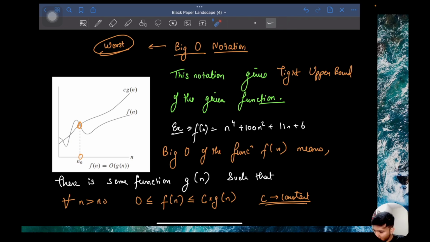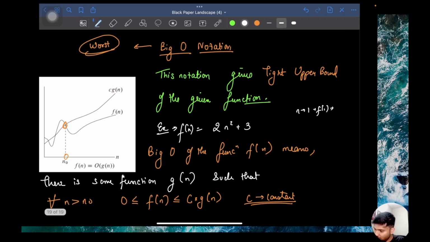So let's say that you have this algorithm, right? Now this function f of n, or maybe let me take some simpler function. Let's say you have something like 2n square plus 3. Now just think about it. When the value of n is 1, f of 1 is 5, still good.